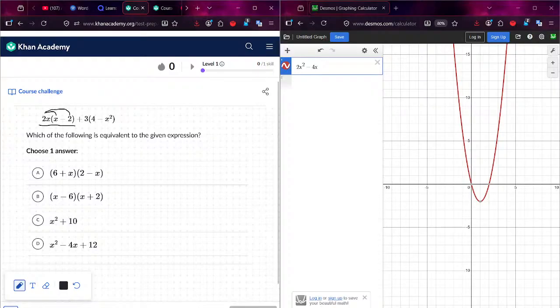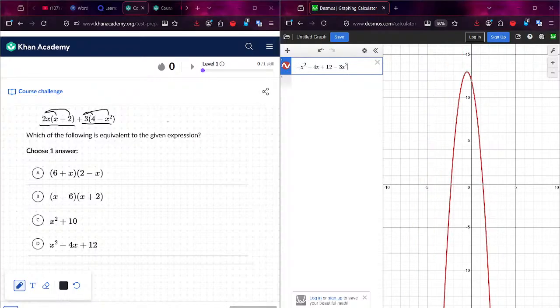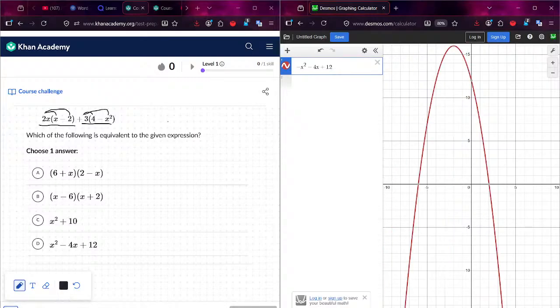So it's going to be 2x squared minus 4x for that one. And we're going to add this to 12, which is 3 times 4, and then 3 times negative x squared, which is negative 3x squared. And then just the algebra. We're going to make this minus x, so it's going to turn out to be negative x squared minus 4x plus 12.